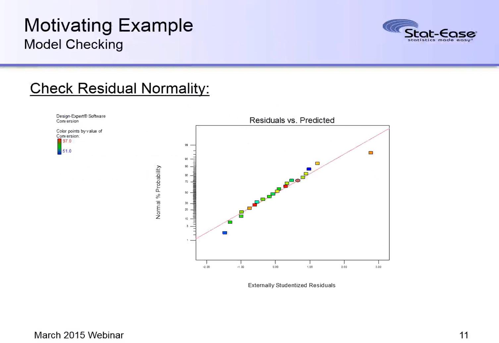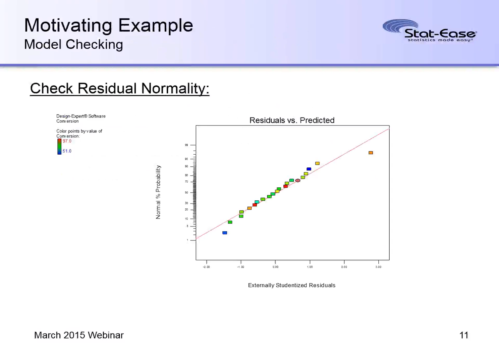So using Design Expert 9, I'm going to go ahead and quickly check these assumptions. I want to check to see if the assumptions of the analysis of variance were satisfied. I'm only going to go through a couple of these plots, just the most important ones. The first plot that I have here is what's called a QQ norm plot.